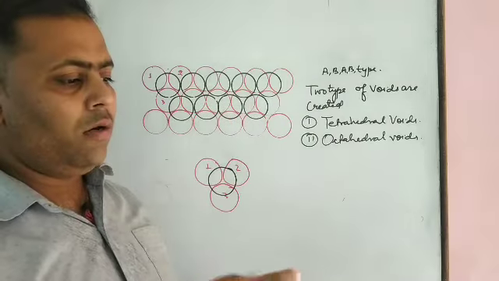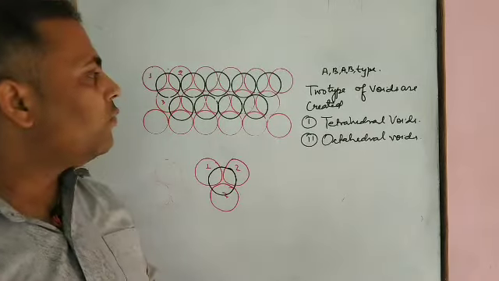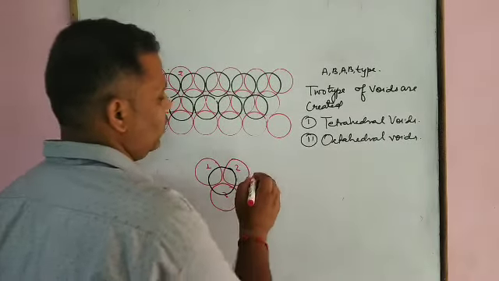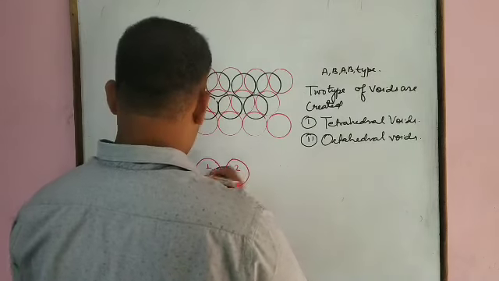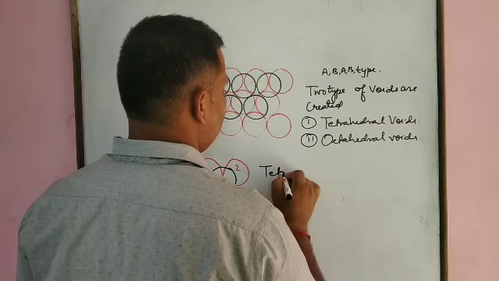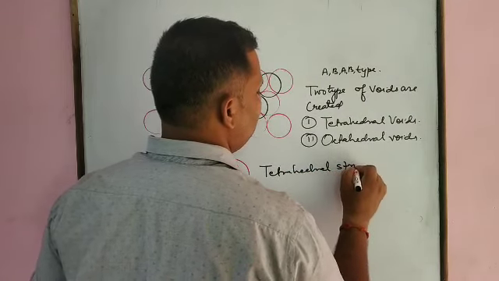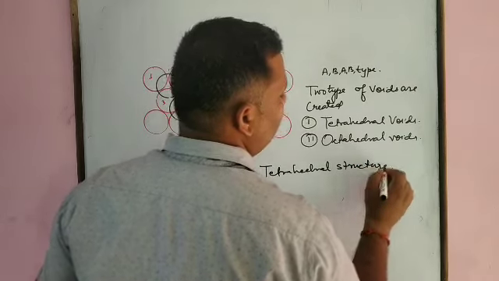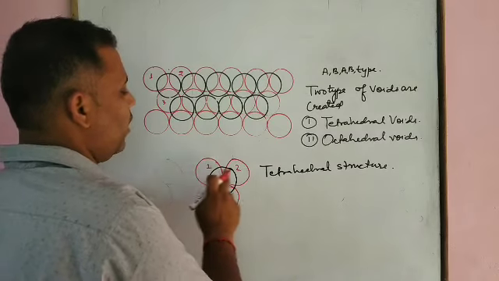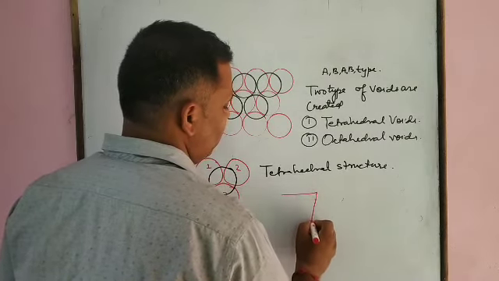If we join the centers of these 3 spheres, what do we get? We get a tetrahedral structure. How is it so? If we join the centers of 1, 2 and 3, it forms like this.